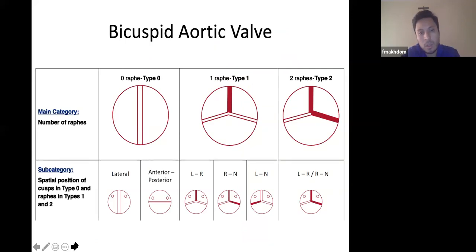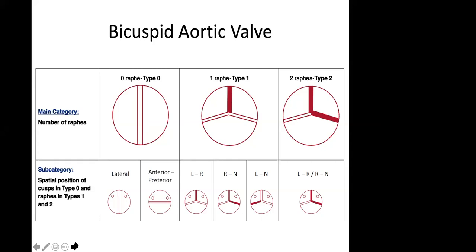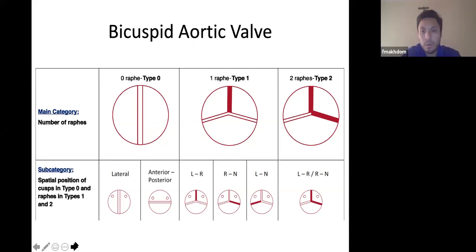And also there are subcategories, common nomenclature that you should be able to know and recognize, whether, for example, in type 1, it's left or right fusion, right or none, and left or none fusion. I think the common type is left and right fusion.